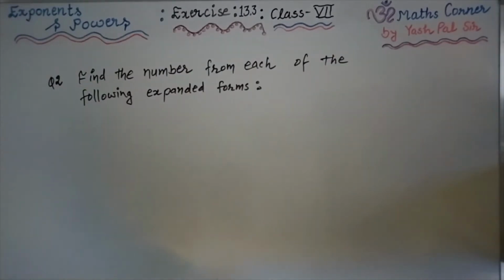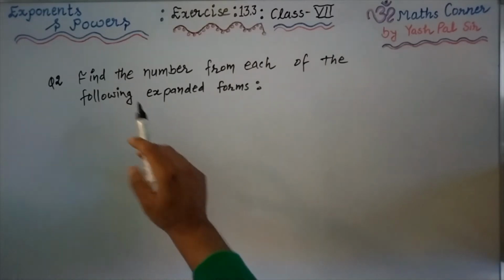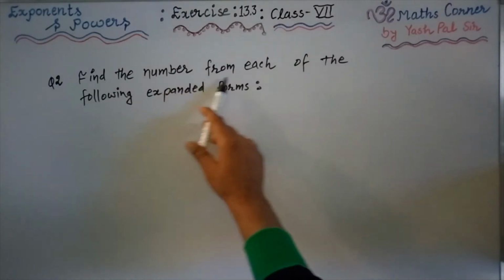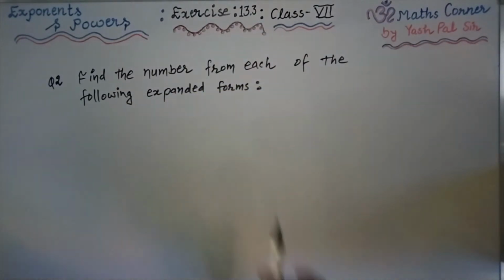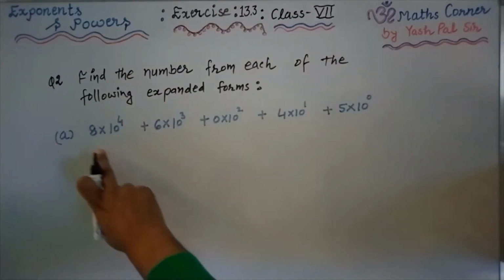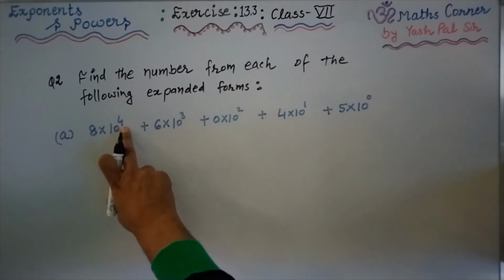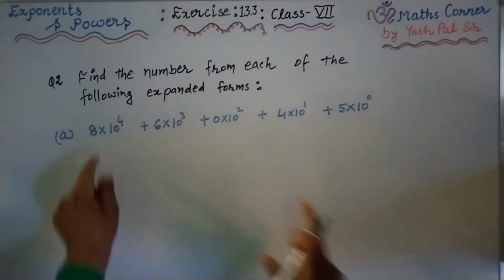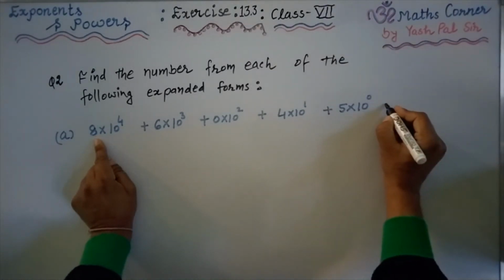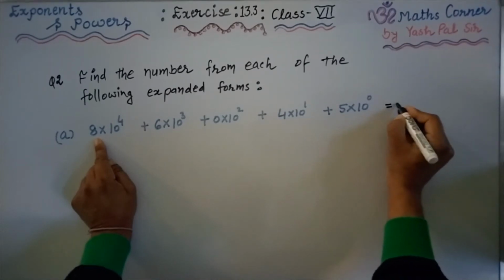Now we take up question number 2. The statement is, find the number from each of the following expanded forms. The very first form is A part, 8 into 10 raised to power 4. So we start from here.